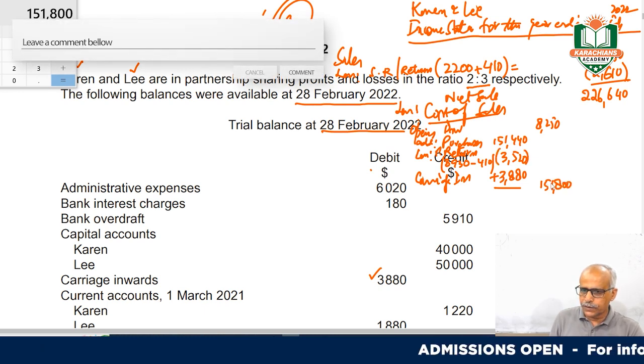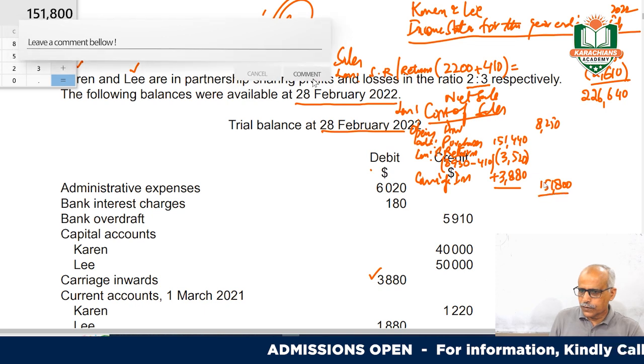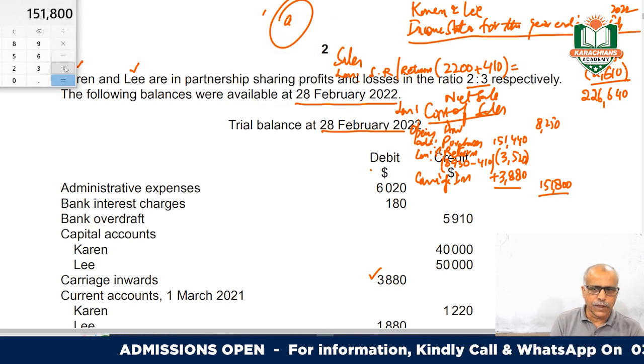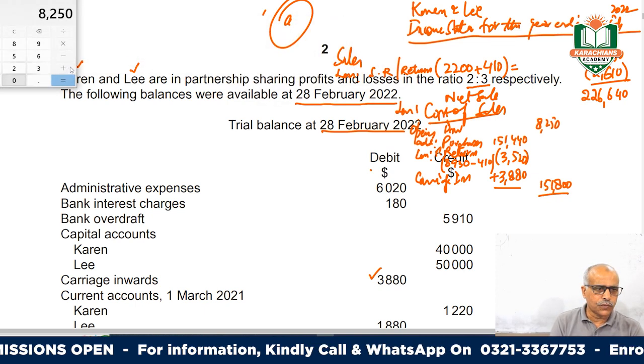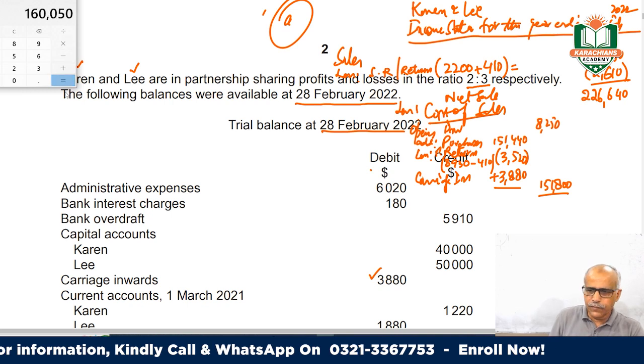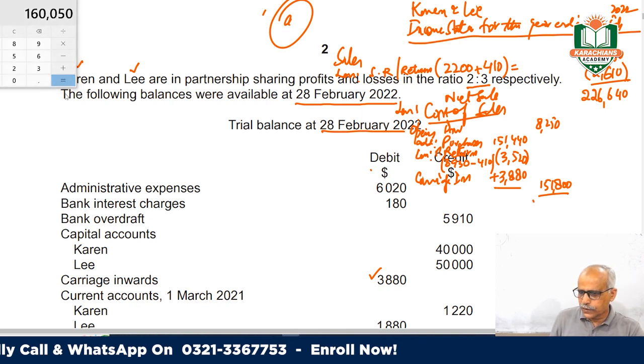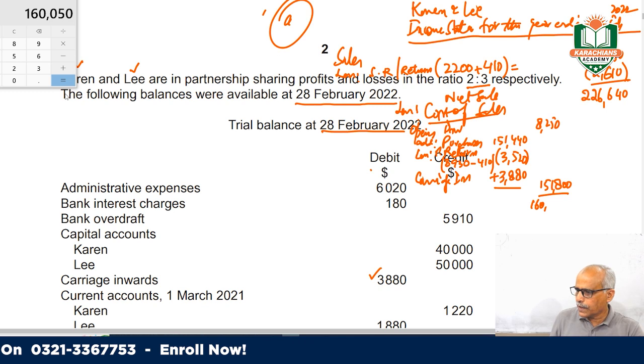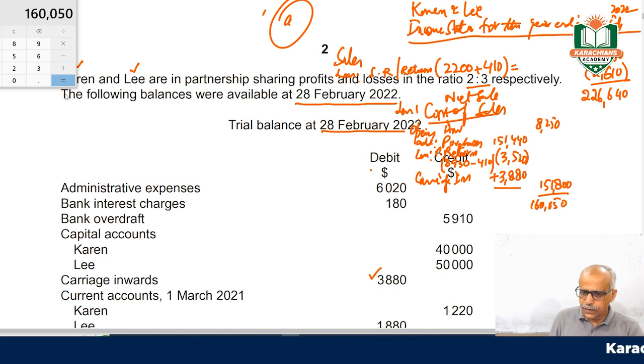This is your purchases. Plus 8,250 opening inventory, then 160,050. These are the goods available for sale.